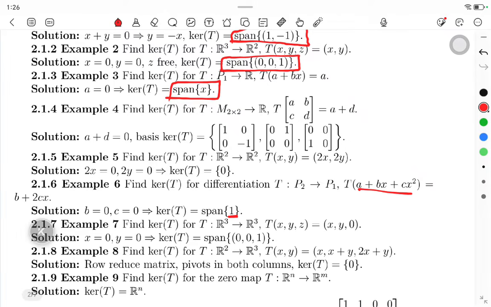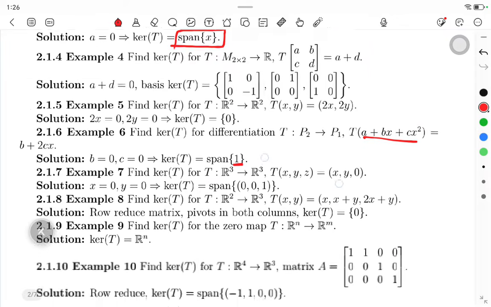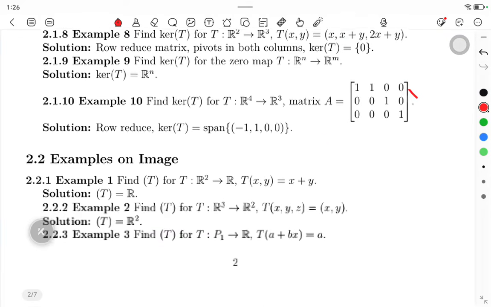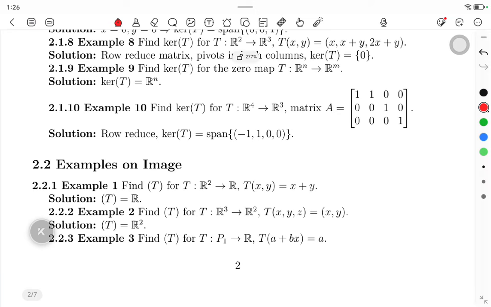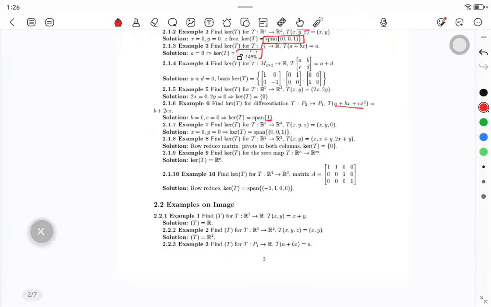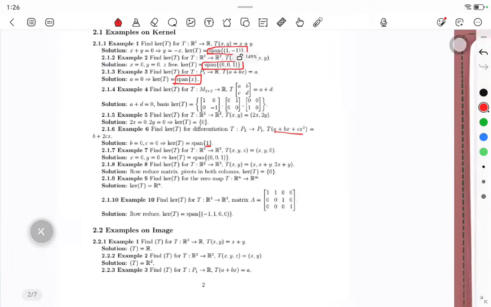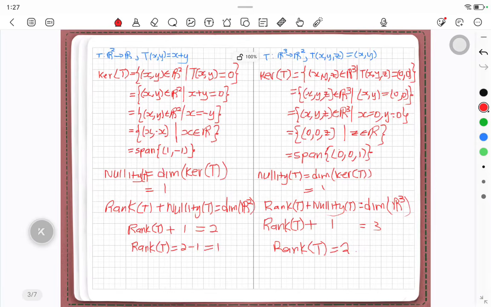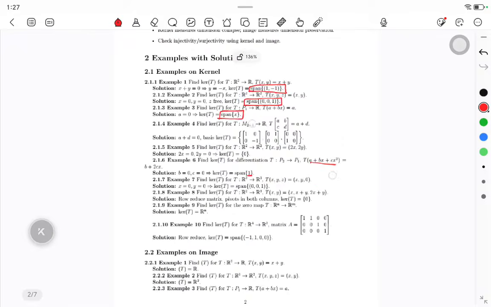Another polynomial, let me check if we can find another one. We can't find another one here.